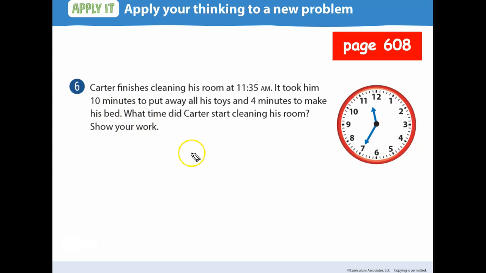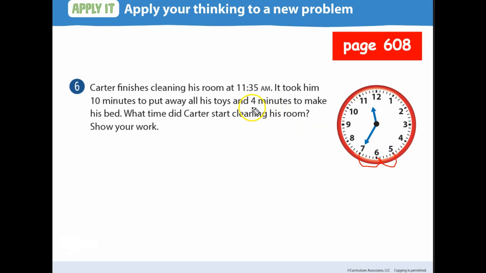So how many minutes did it take them to put all his toys away? 10. Look at the question. So am I going to go this way? Like that? No, I'm going to go backwards. So 10. From here to here is 5. From here to here is 10, right?